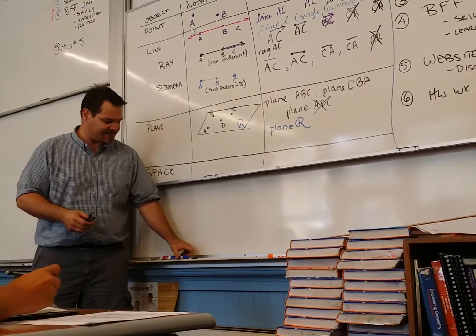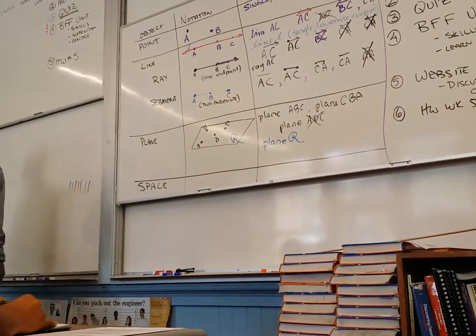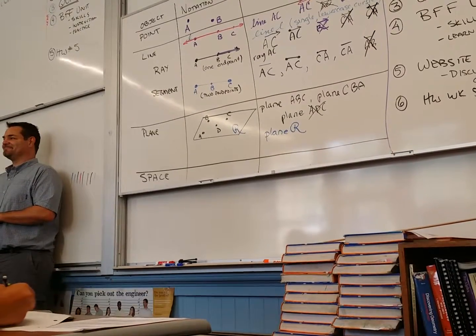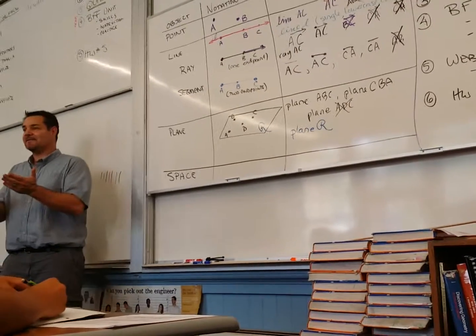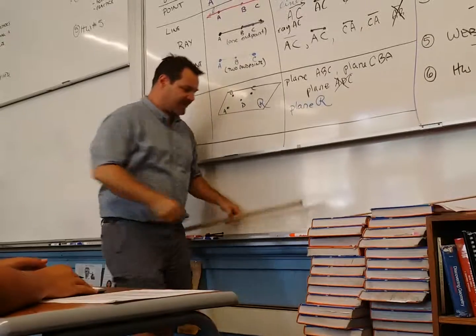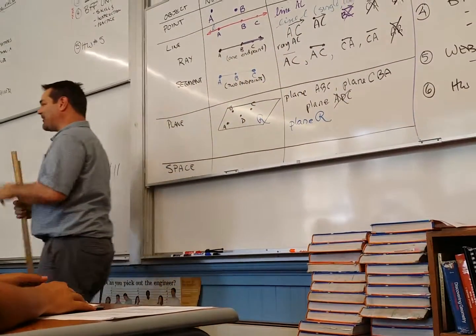Lastly, what about space? Do I need to name space? I need to name planes so that you can distinguish between this one and this one, right? And I need to name lines so you can distinguish between this one and this one. But how many spaces are there?